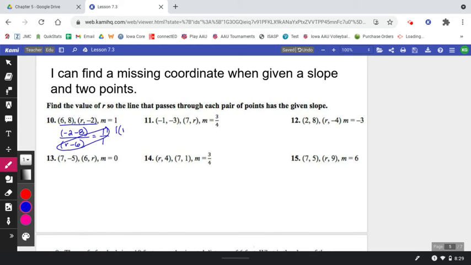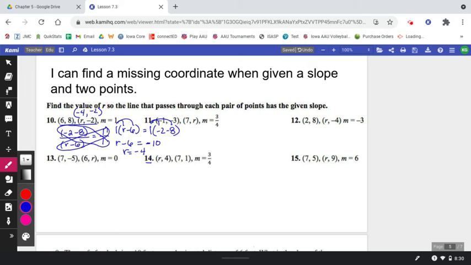So I have 1 times r minus 6 is going to be equal to 1 times negative 2 minus 8. Distribute on the left gives me r minus 6 equals, and then I'm going to distribute here, which would give me negative 10. Add 6 to both sides, and r equals negative 4. So the point is negative 4, negative 2.